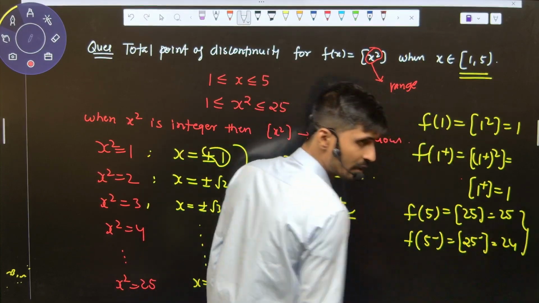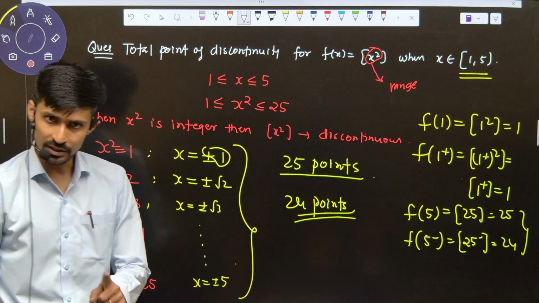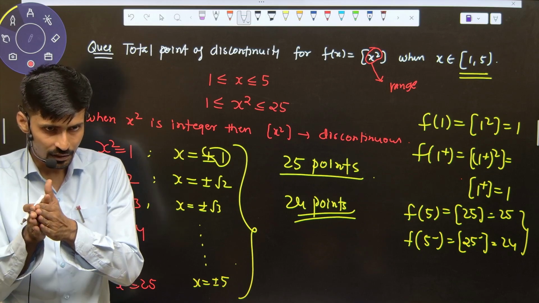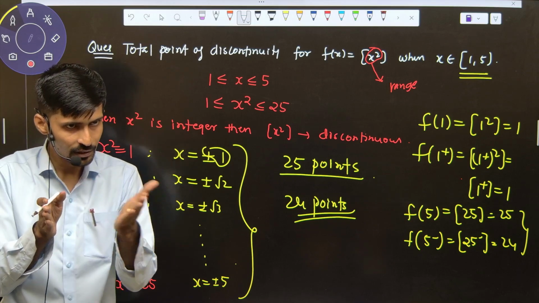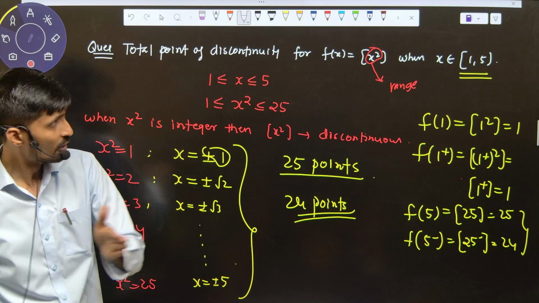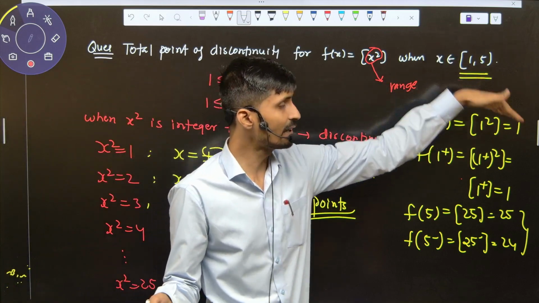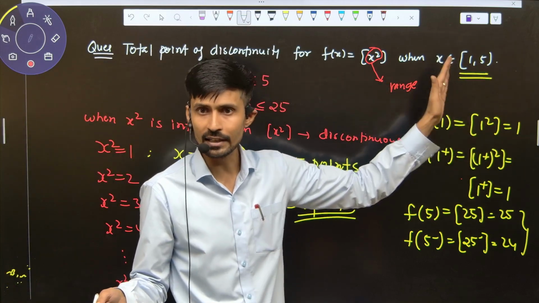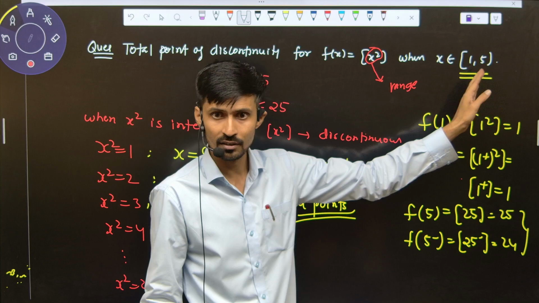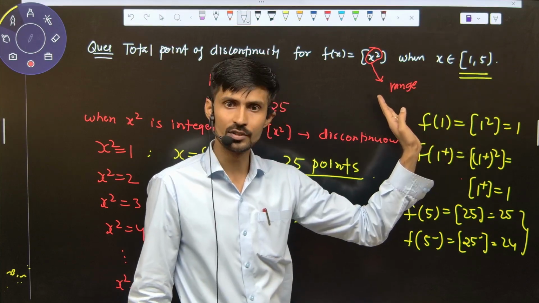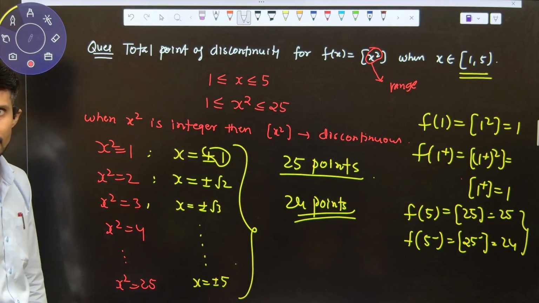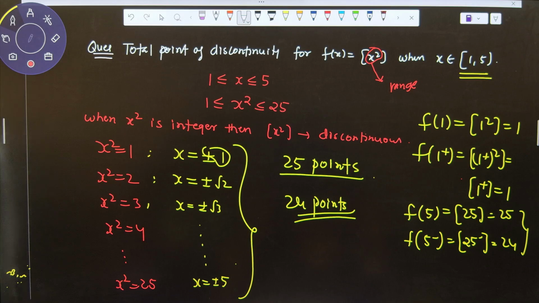Can you see here? Both are different now. So this is what I was telling you. In greatest integer, at any integer, right hand continuity you will get. Left hand continuity you will not get. So at 1, we are getting right hand continuity. So we are saying at x is equal to 1, the function is continuous. But at 5, left continuity is not there. So at 5, that is discontinuous. So total 24 points are there. Understood? Write it down.